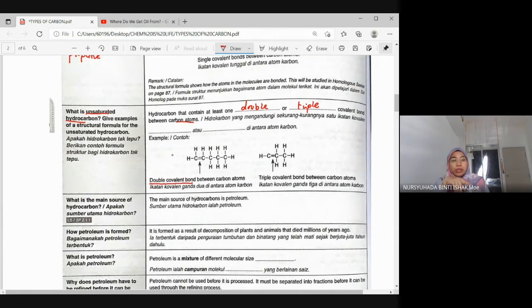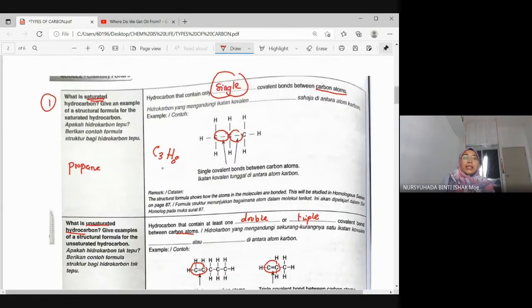Dalam structural formula dia ni, at least ada one double bond. Itu kita dah panggil sebagai unsaturated. Yang this one, at least ada one triple bond. Kalau ada 2, 3 dalam satu baris ni, pun kita dah anggap sebagai unsaturated. As long as dia ada satu sahaja double or triple bond, kita dah assume dia sebagai unsaturated. Sebab kalau saturated, semua adalah single covalent bond.